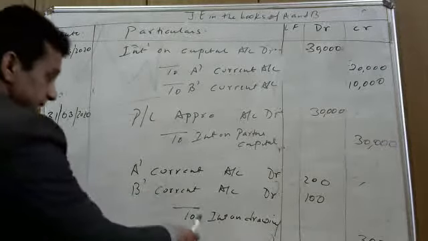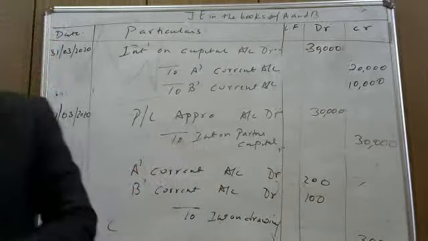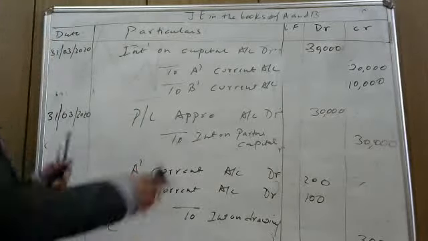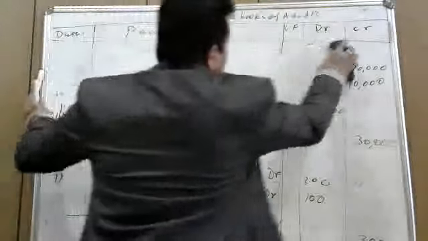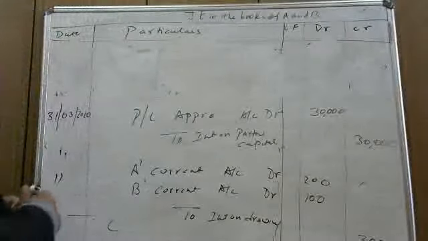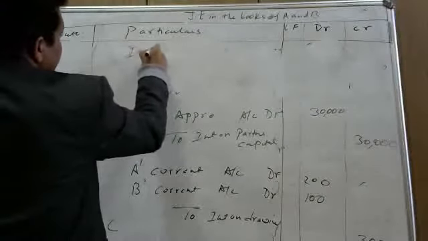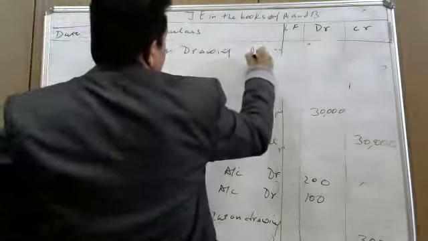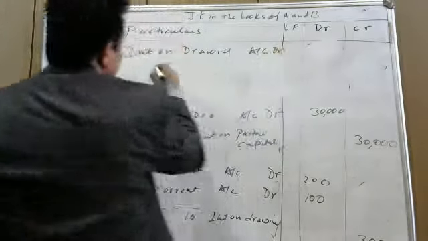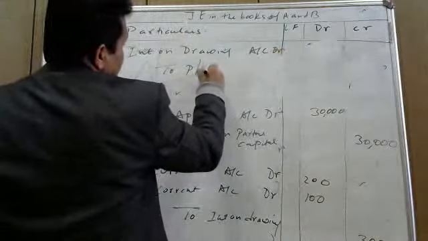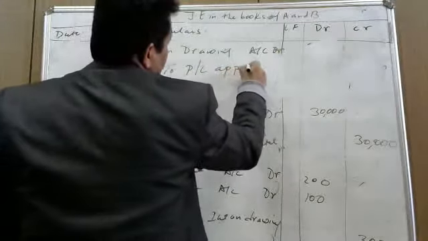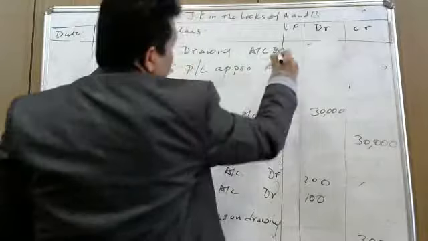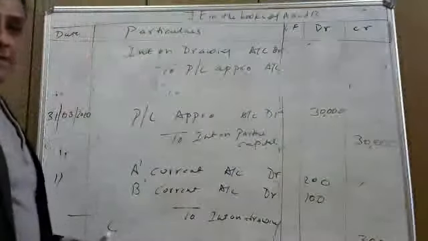Now again, this needs to be transferred to PL appropriation account. So how do we write it? Interest on drawing account debit to PL appropriation account.